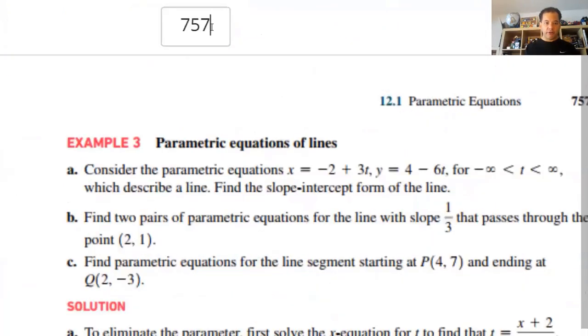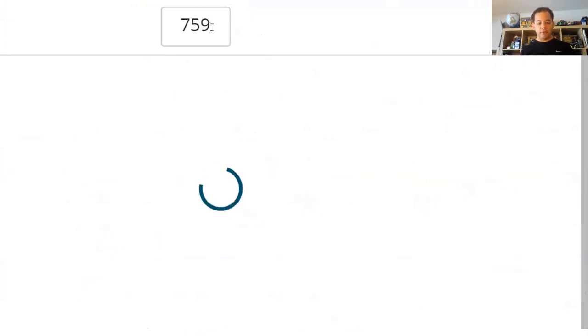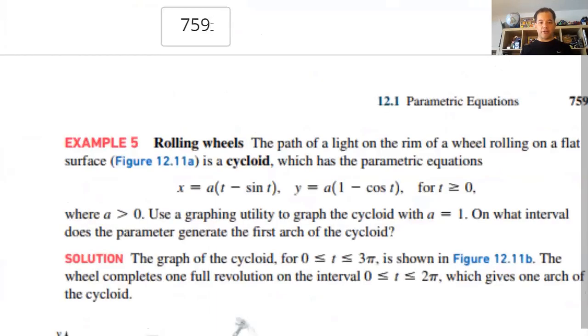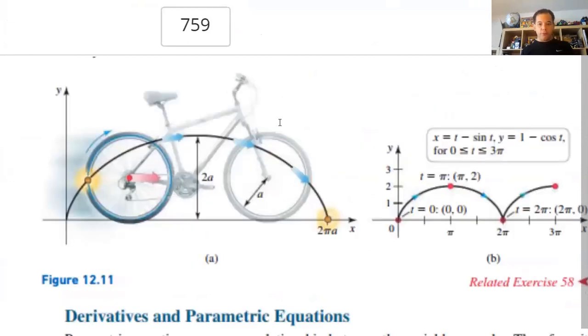It's called a cycloid, and it has a bunch of nice properties. We'll talk more about this cycloid later on, but in particular is the graph that you obtain when you roll a circle. Think of a wheel, like a bicycle wheel, right?